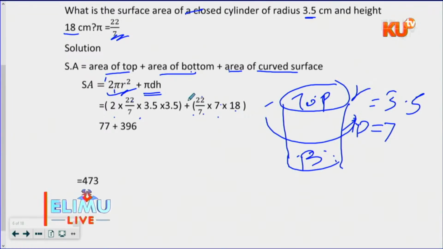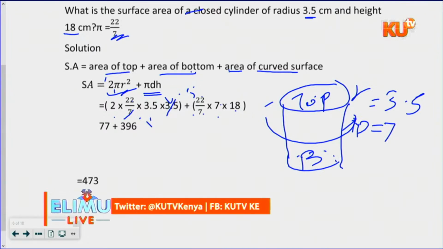So, we do our calculations. 7 here, 1, 7 here, 7 will go there, 0.5. When we multiply 2 times 22 times 3.5 times 0.5, we'll get here 77.